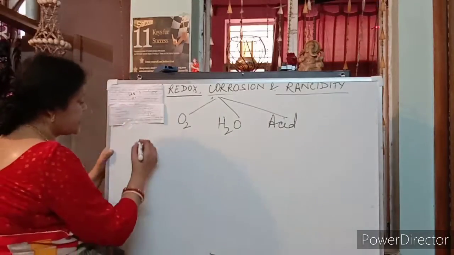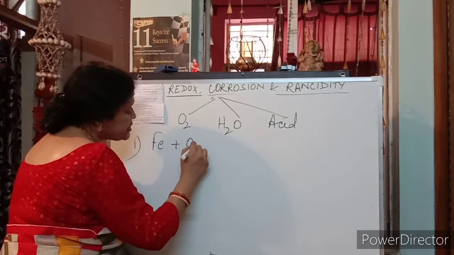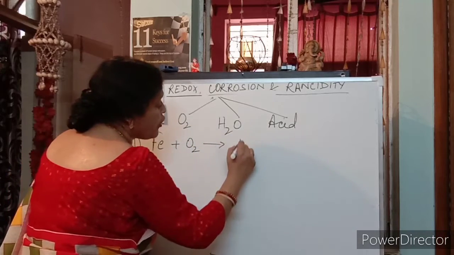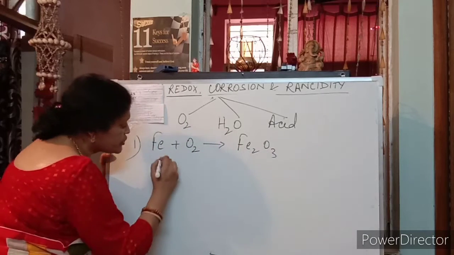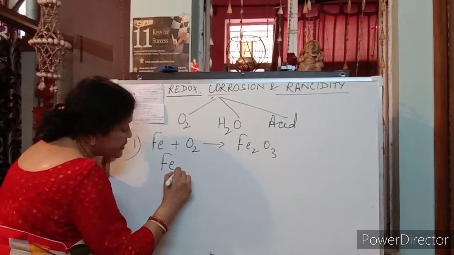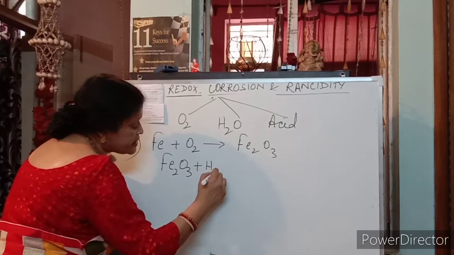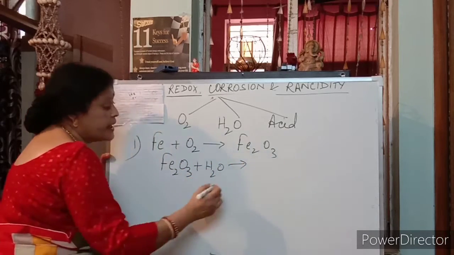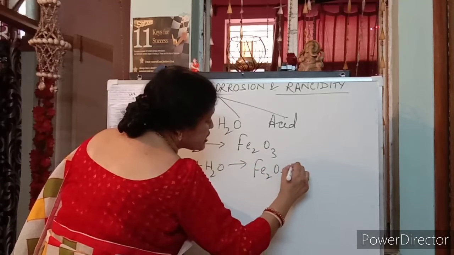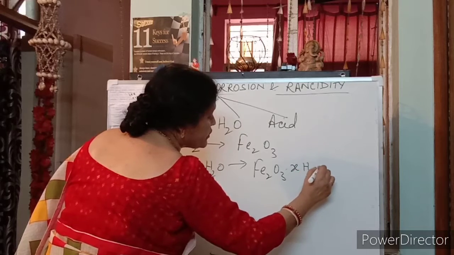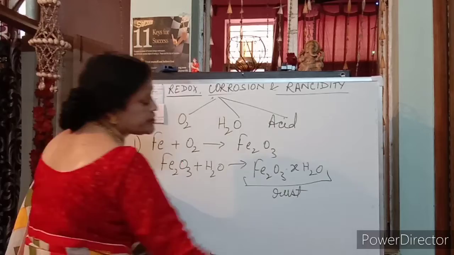For example, the first corrosion example is iron. Suppose iron is reacting with oxygen of the air to form Fe2O3. And when Fe2O3 reacts with water, especially during the rainy season, with moisture, that is water only, it forms Fe2O3.xH2O, where X molecules of water stick to it, and this is known as rust.